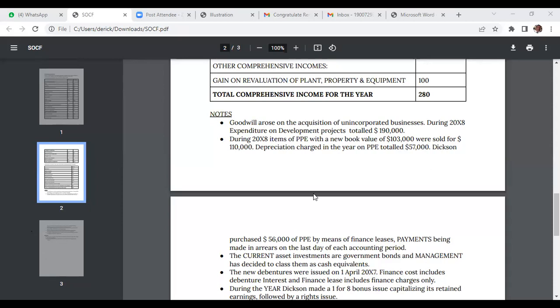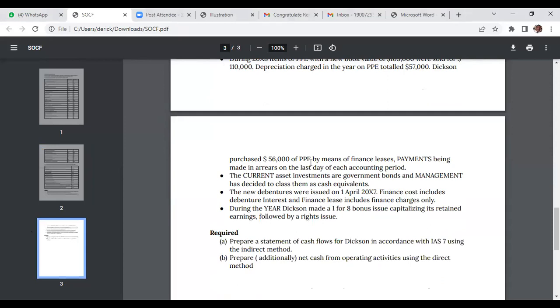Okay, so then you look for more items regarding PPE. They say that Dixon purchased PPE of 56, but it was on a finance lease. If you acquire assets on a finance lease, you're supposed to capitalize the asset because of the substance over form concept in accounting, which emphasizes that as long as you have all the risks and rewards of the asset, even without the land title, you actually own the asset.